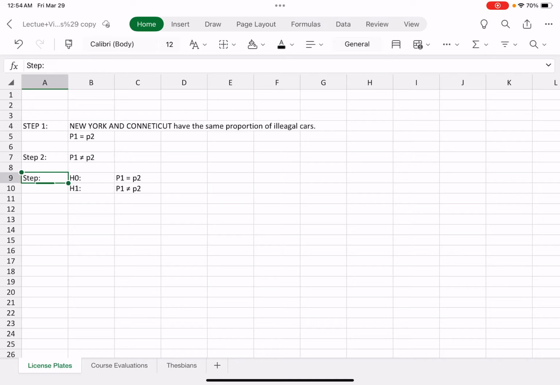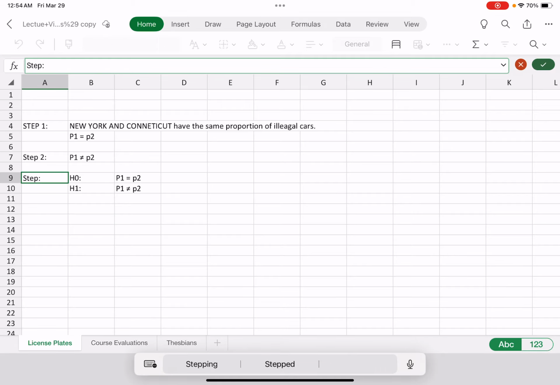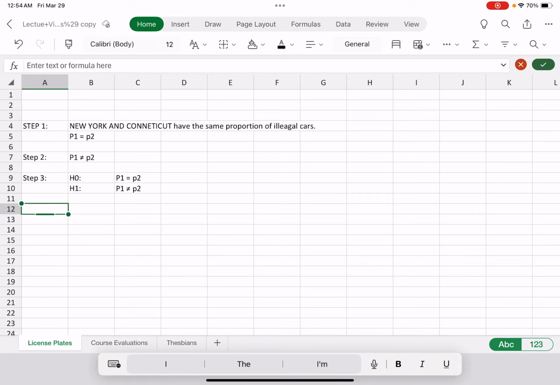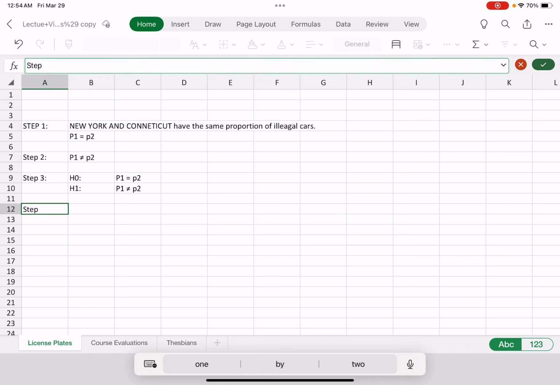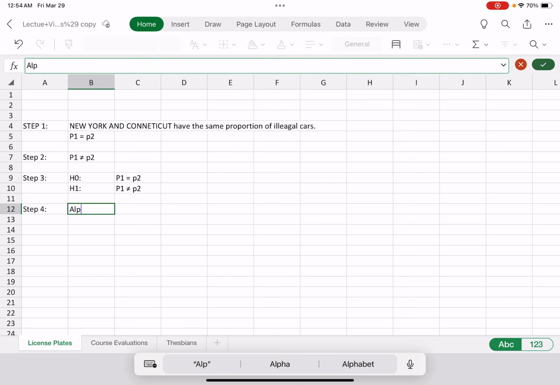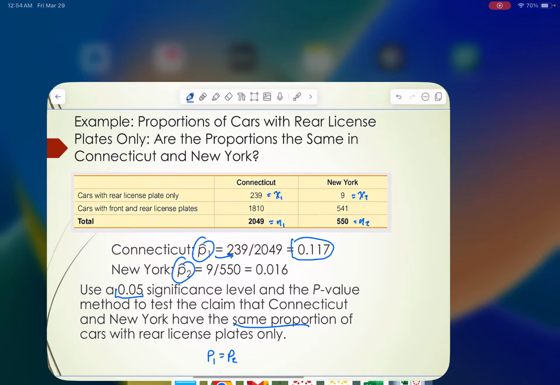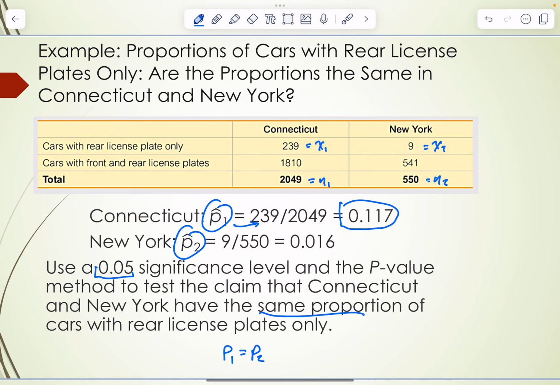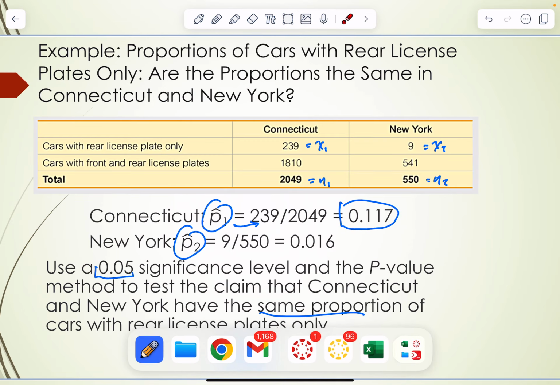All right, that's step 3. Step 4, identify significance level. Alpha equals 0.05. Let me just recall, I don't want to get that wrong. Yep, there it is, 0.05, right there.